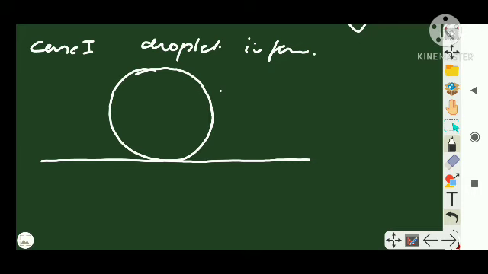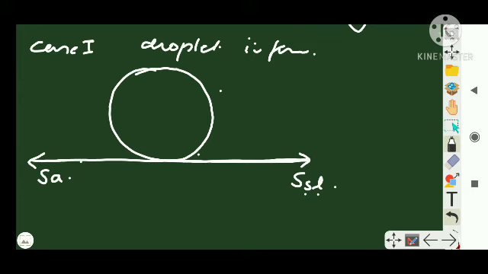The solid and liquid interface, let us show it as SSL. And the solid and air interface, I'm going to show as SSA. And the liquid and air interface, I'm going to show as SLA.